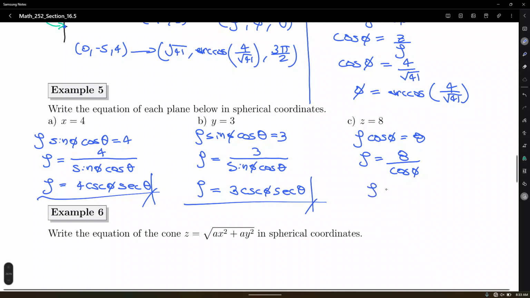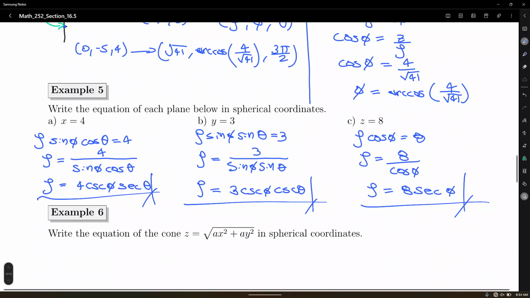We can just write rho equals 8 secant phi. Isn't y rho sine phi sine theta? Oh yeah, that's sine. That's correct. That's sine, sine, and that's also sine. And that becomes cosecant, right? Another cosecant. Thank you. Yeah, that's cosecant.